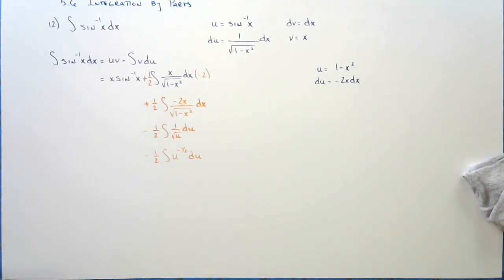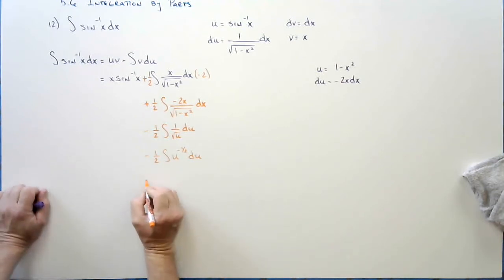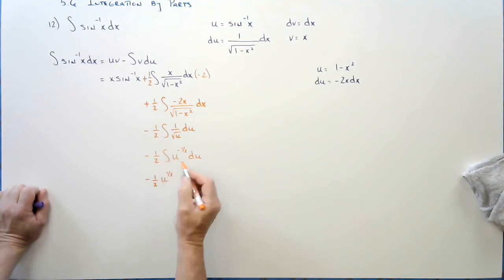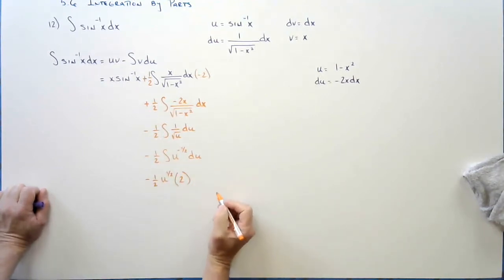So we're just taking the integral of u to a power. Remember, when we integrate, we add 1 and divide by the new exponent. The exponent is minus 1/2, we add 1 and that gets us u to the positive 1/2. We divide by 1/2, which is the same as multiplying by 2.